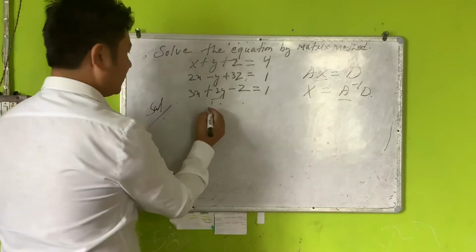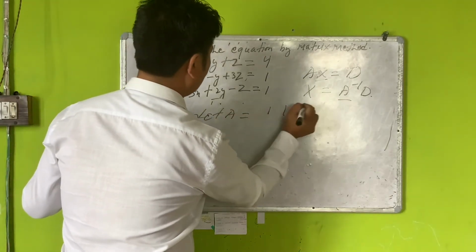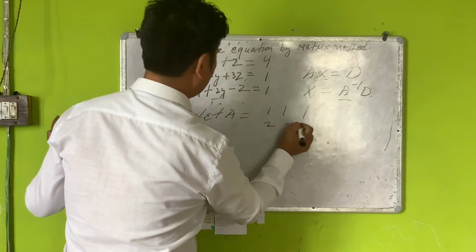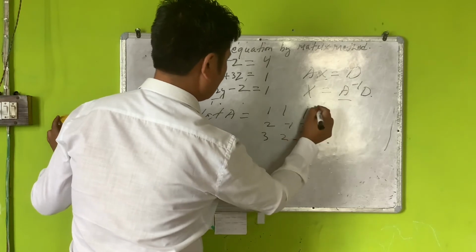Okay, you require delta A, this you can find. So we are finding delta A is equal to 1 1 1, 2 minus 1 3, 3 2 minus 1.